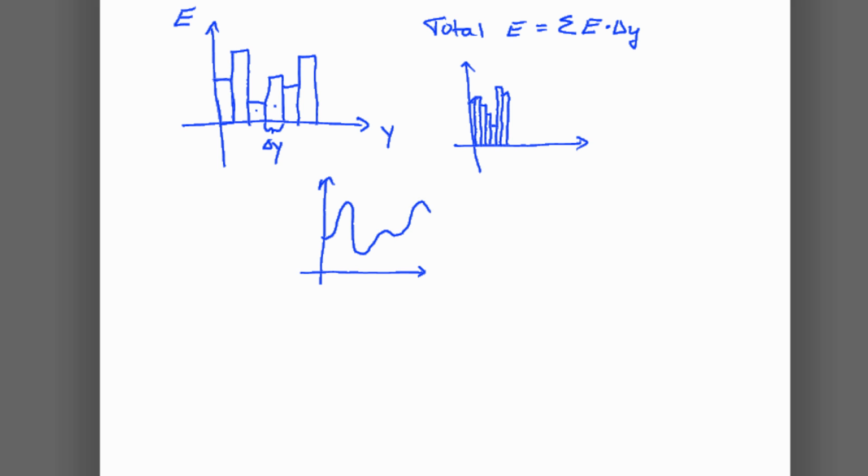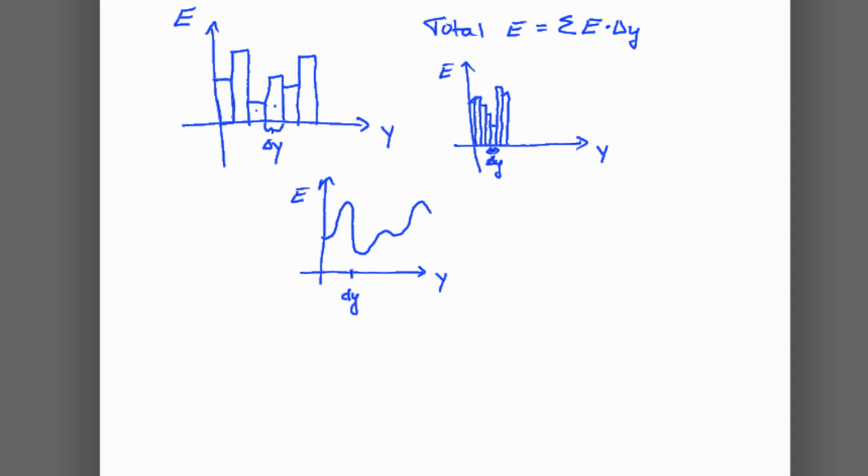Again, these are E on the vertical axis, Y on the horizontal axis. So the smaller I'm able to make these little delta Y segments, the more continuous my function gets.